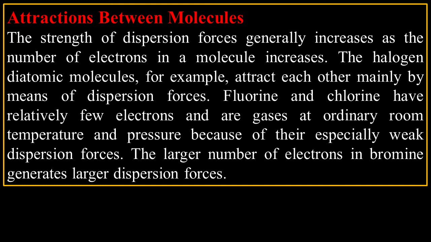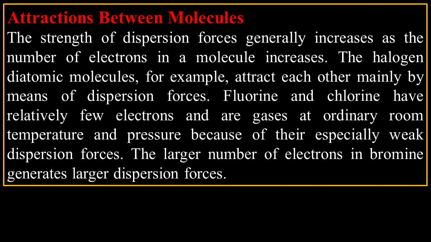Chlorine and fluorine have relatively few electrons and are gases at ordinary room temperature and pressure because of their especially weak dispersion forces. The larger number of electrons in bromine generates larger dispersion forces.